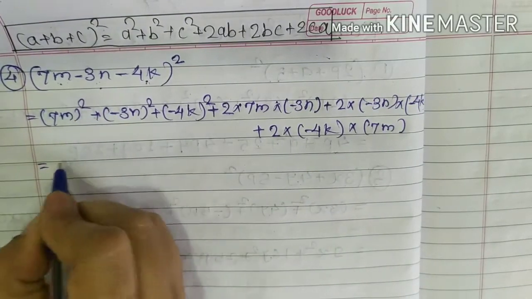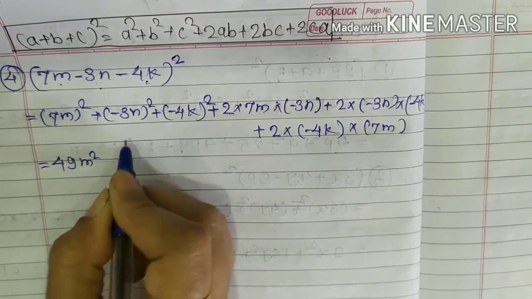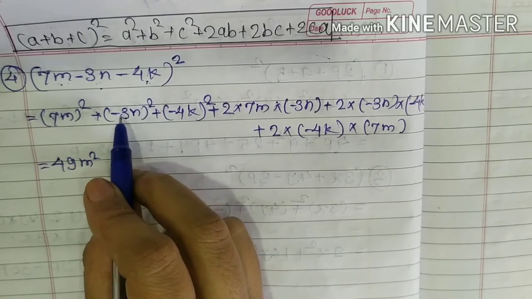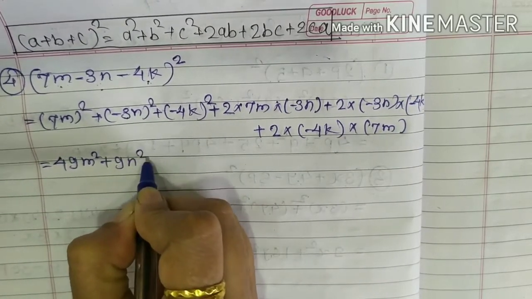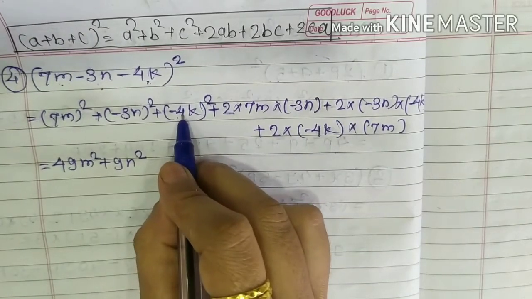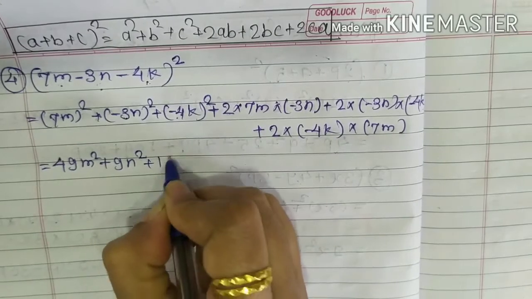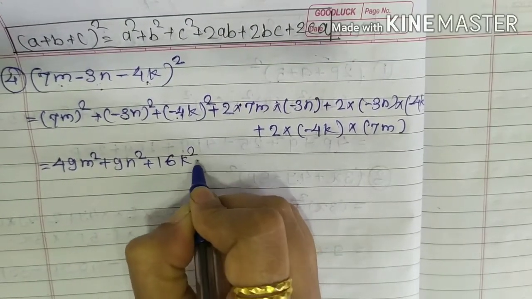Make the squares: 7 square, 49m square. Here minus 3, hence minus minus plus, 9n square. Here also minus 4 into minus 4, plus 16k square.